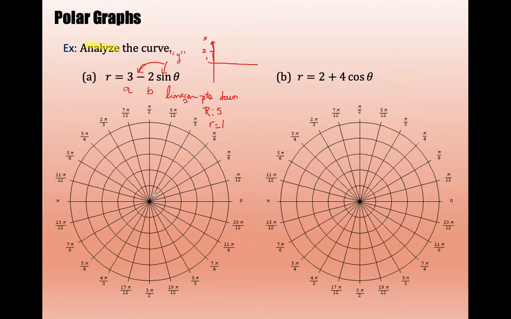So again, I'll let you use your calculator to be a little bit more precise with this, but I do want you to be able to say that you're going to go straight down 1, 2, 3, 4, 5, and up at a 1, and then just give me that general heart kind of shape. That's a terrible drawing. It's not symmetric. Maybe you should do a little bit better than me, but I really just care about the orientation and those 2 points, okay? And the fact that it is pointing down.